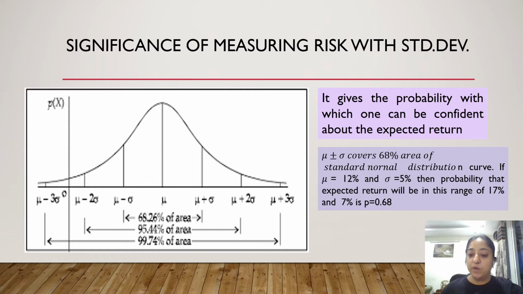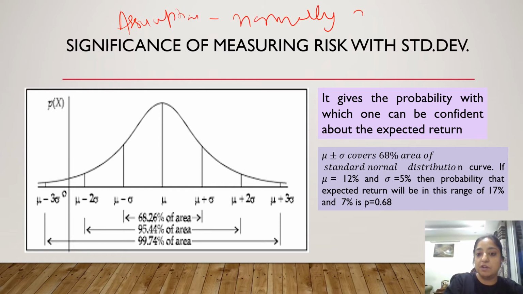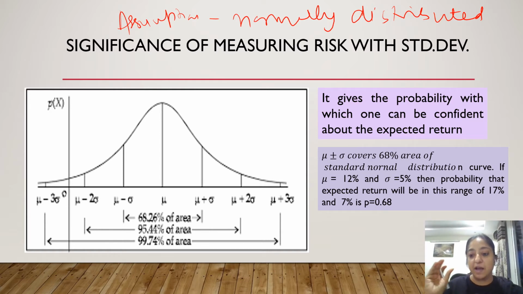Now, when we are calculating return and risk, our assumption is that all the returns are normally distributed. This assumption is very, very important for me, because when I assume a normal distribution curve, my standard deviation gives me a probability that my returns will lie in a particular area.